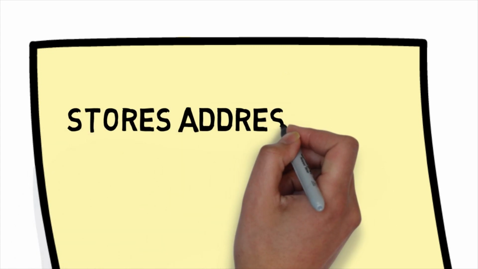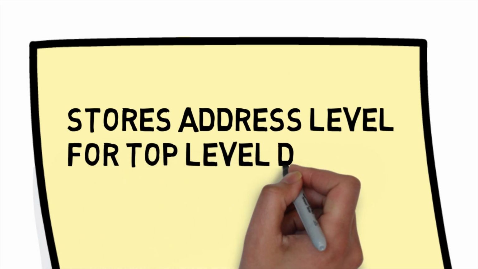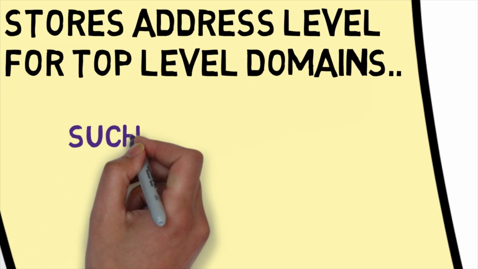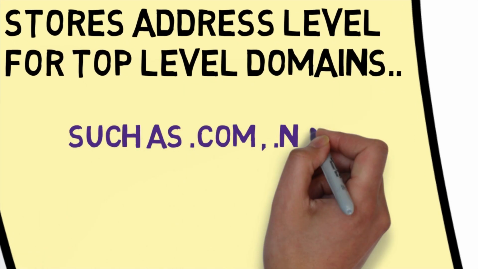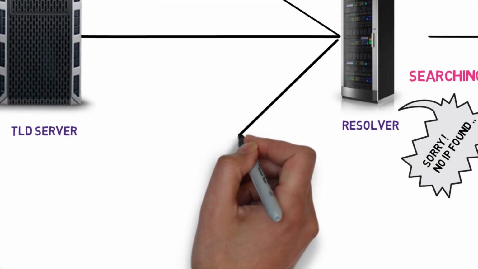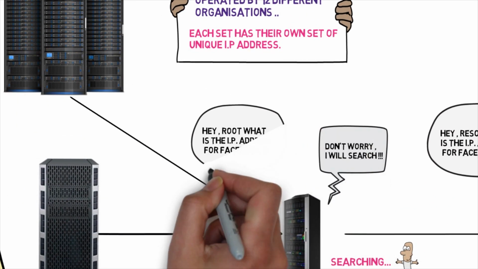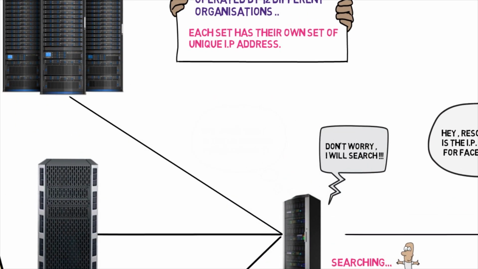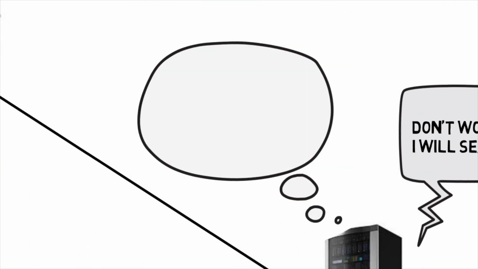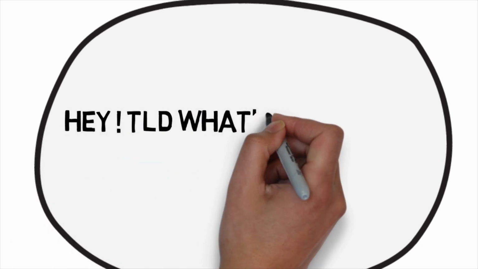TLD stores address level for top level domains, such as .com, .net, .org. Now, resolver will ask the TLD server for IP address for facebook.com.